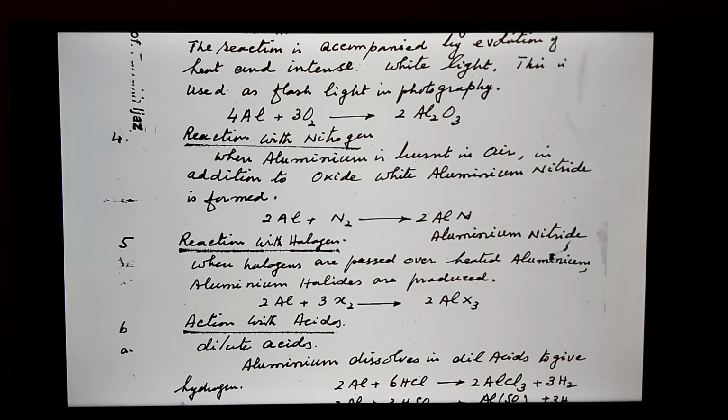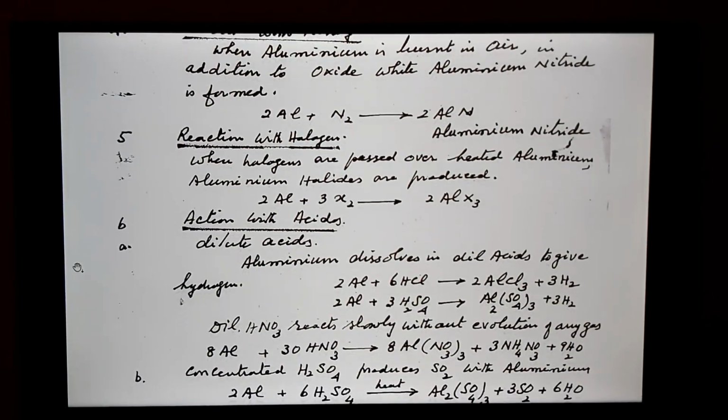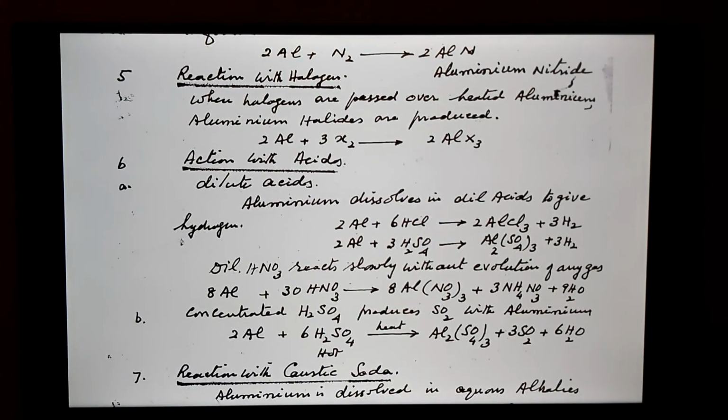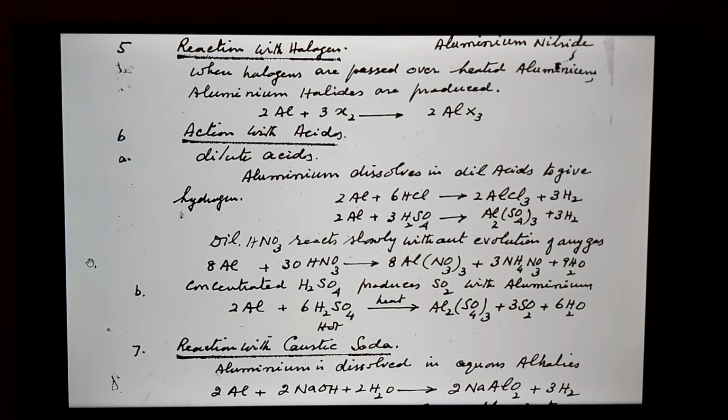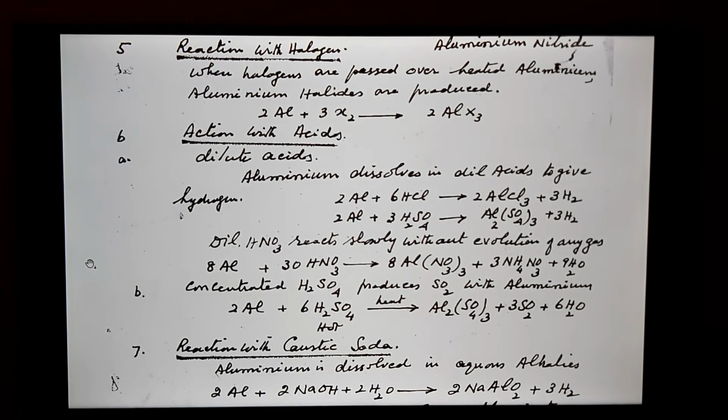Then is action with acids, an important one from the examination point of view. Reaction with acids, first of all dilute acids. Aluminium dissolves in dilute acids to give hydrogen. Similar to other metals, aluminium plus dilute HCl reacts to form aluminium chloride plus evolution of 3 hydrogens.